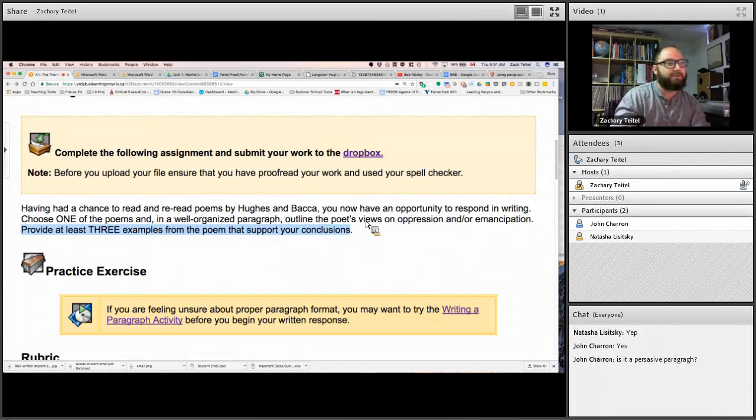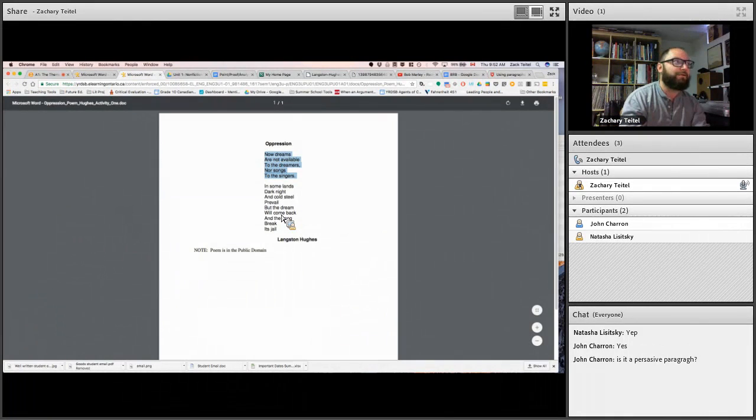But back to John's point about persuasive writing, anytime I'm supposing something, so if I'm telling my reader that I think Langston Hughes's views on oppression, based on this poem titled Oppression, are 1, 2, and 3, it's persuasive writing. I'm trying to show them and convince them that I'm right. So in that sense, yes, it is a persuasive paragraph, okay?